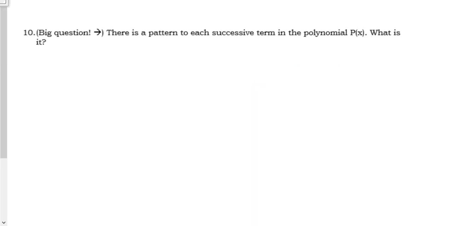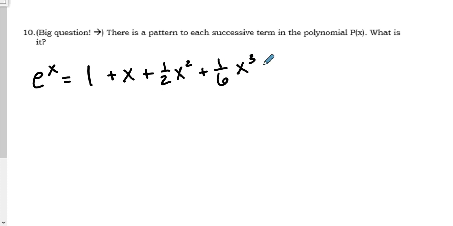Okay, so here's the big question. Is there some kind of pattern that we can define for this e to the x thing every single time? So for e to the x, each polynomial had 1, each polynomial had an x, and then as we added successive terms, we had this. So in other words, what's the pattern?